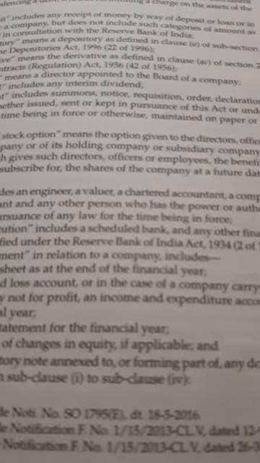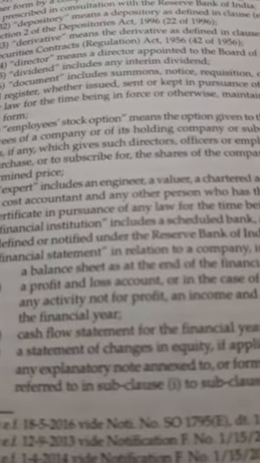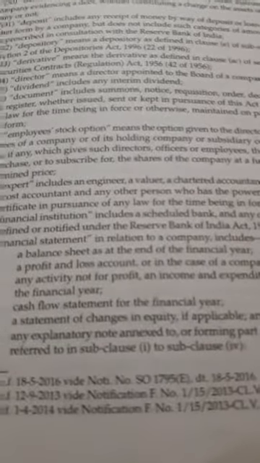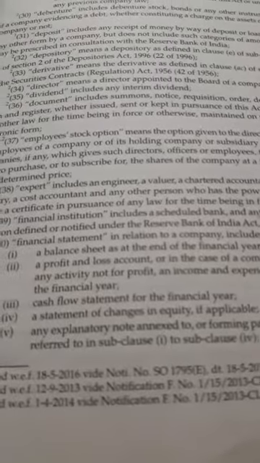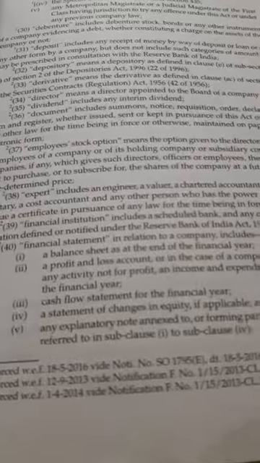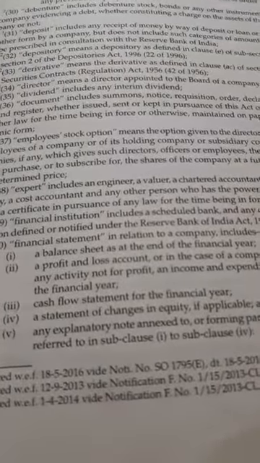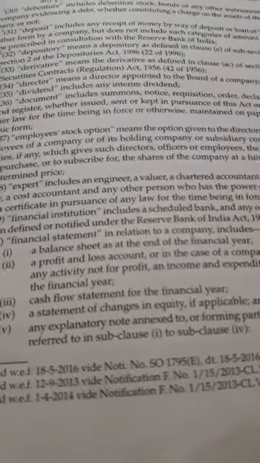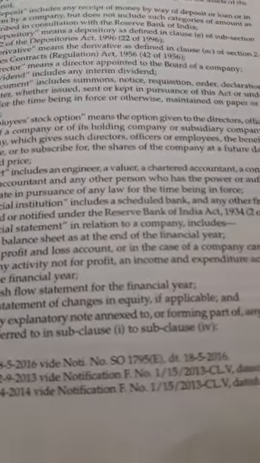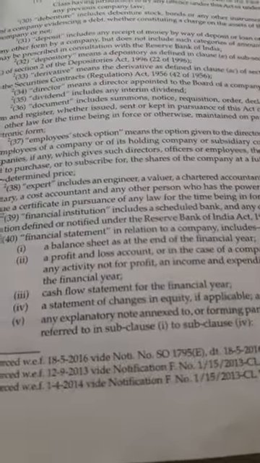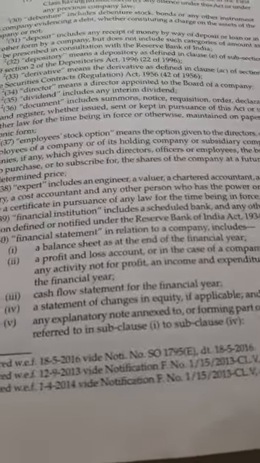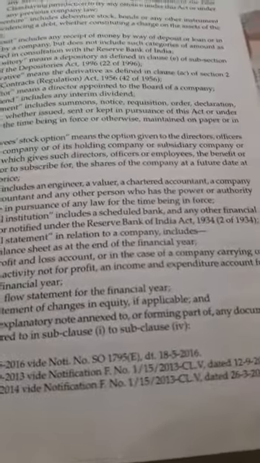Financial statement in relation to a company includes a balance sheet as at the end of the financial year, a profit and loss account, or in the case of a company carrying on any activity not for profit, an income and expenditure account for the financial year, a cash flow statement for the financial year, a statement of changes in equity, if applicable, and any explanatory note annexed to or forming part of any document referred to in subclause 1 to subclause 4.